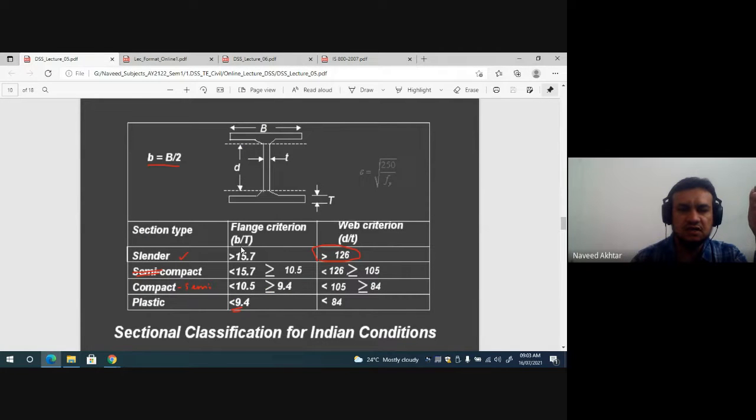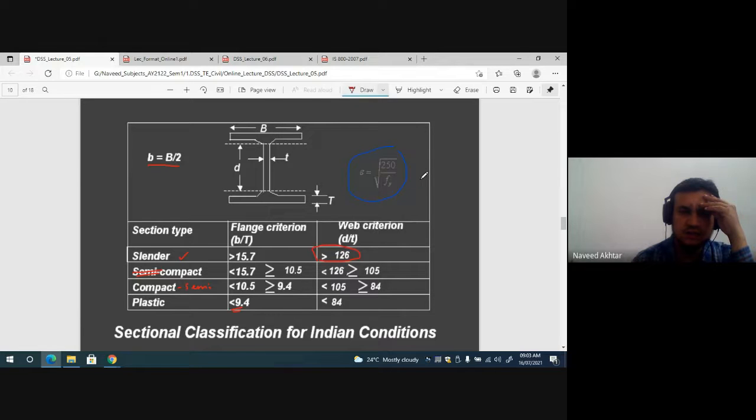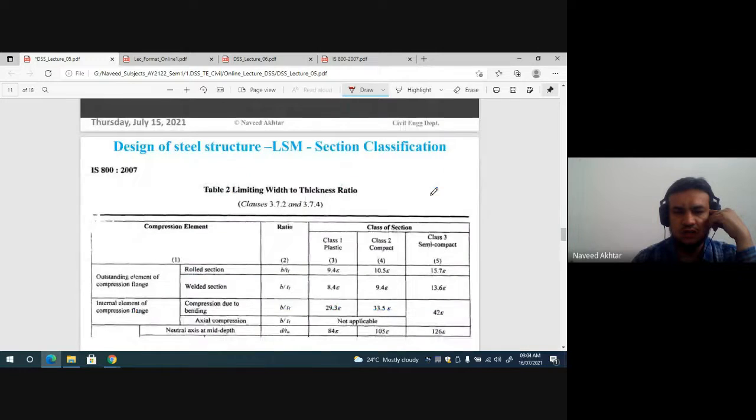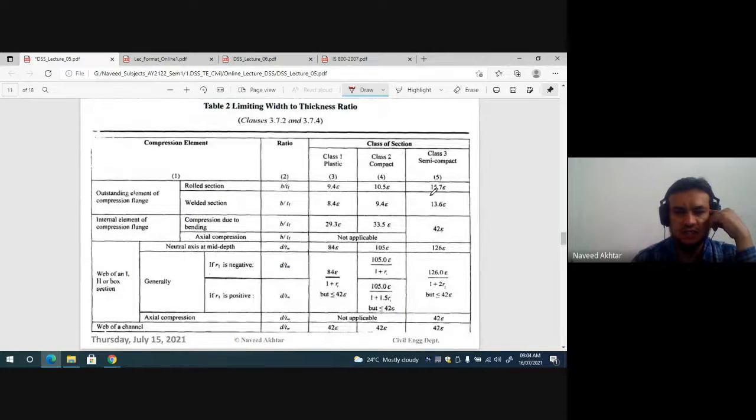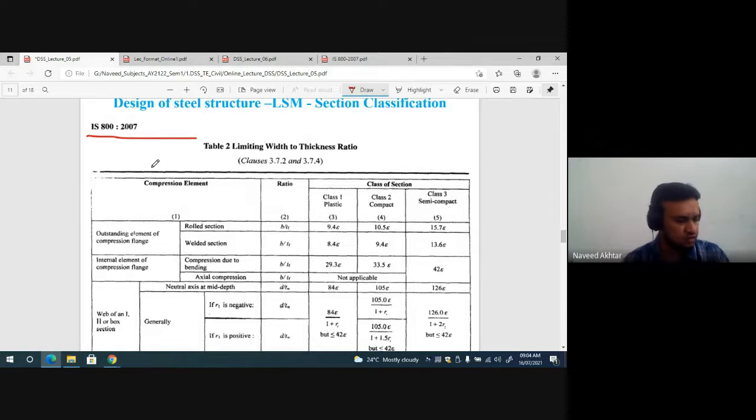Then we have seen how the section classification is done based on the width to thickness ratio of the element, and here epsilon is nothing but the square root of 250 upon fy. We also saw the tables of IS 800:2007, which I shared this morning on the WhatsApp group.